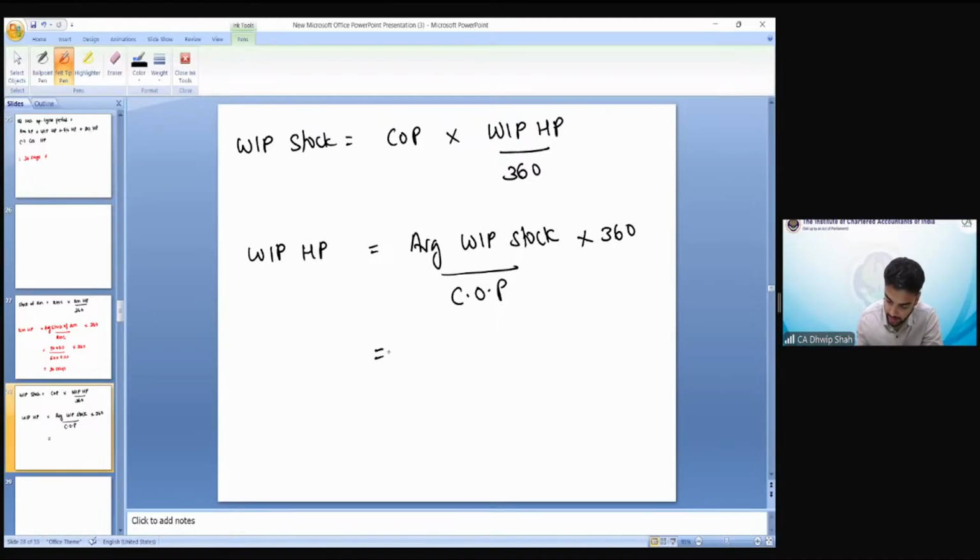How much is my average WIP stock given in the question? It is 30 and my cost of production is 5 lakh. 30 divided by 5 lakh into 360.